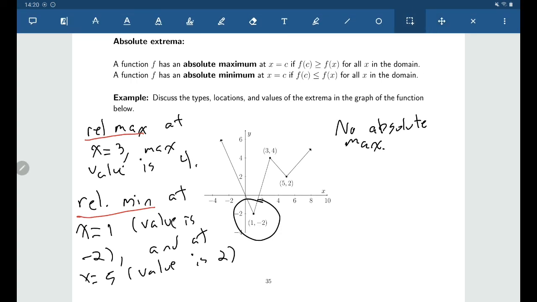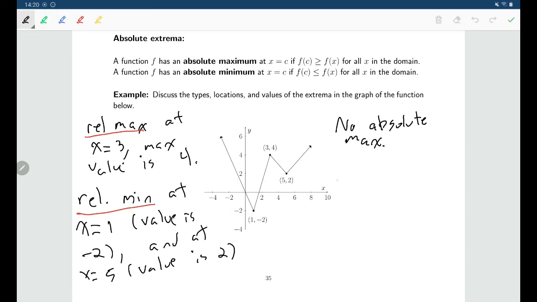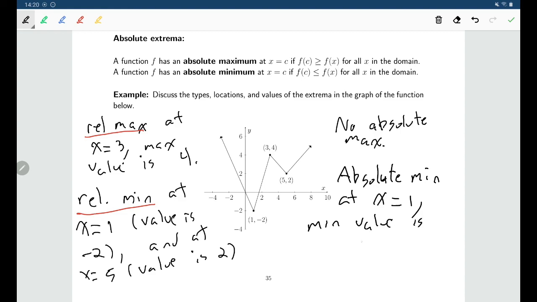So we could say that we have an absolute minimum when x is equal to 1, and the absolute minimum value is negative 2. So this point, (1, -2), is both a relative minimum and also an absolute minimum. So when x is 1, the absolute minimum value is negative 2, and that's also a relative minimum value.